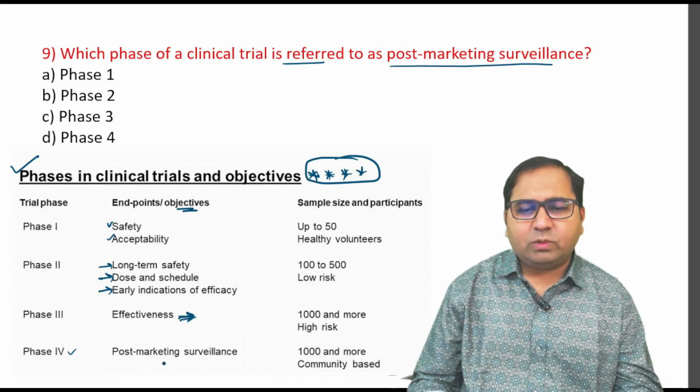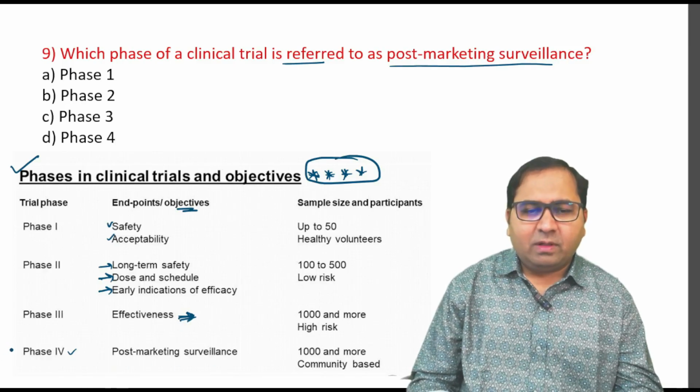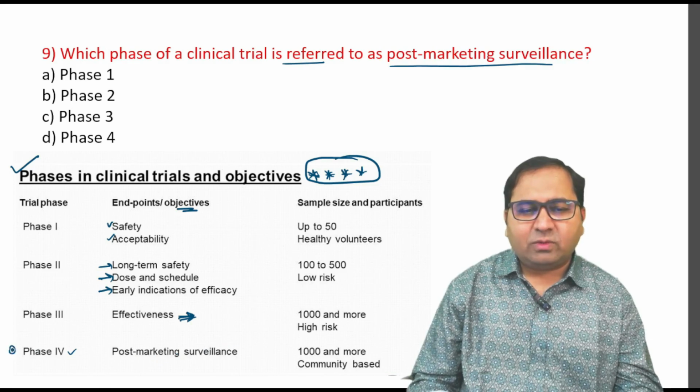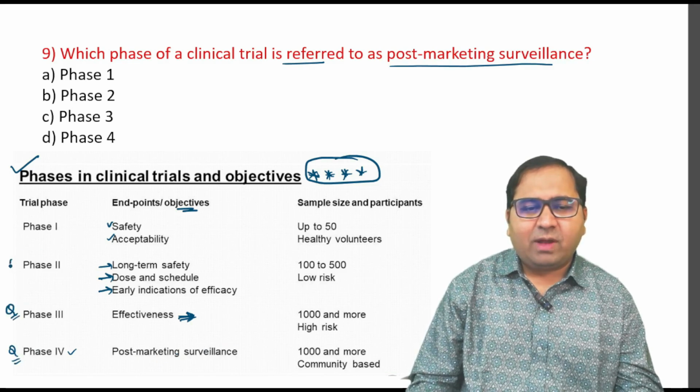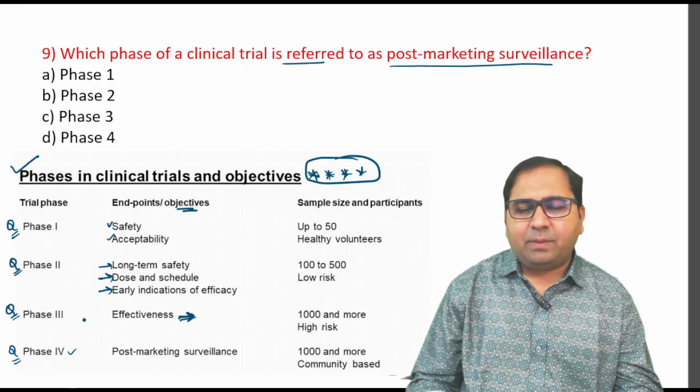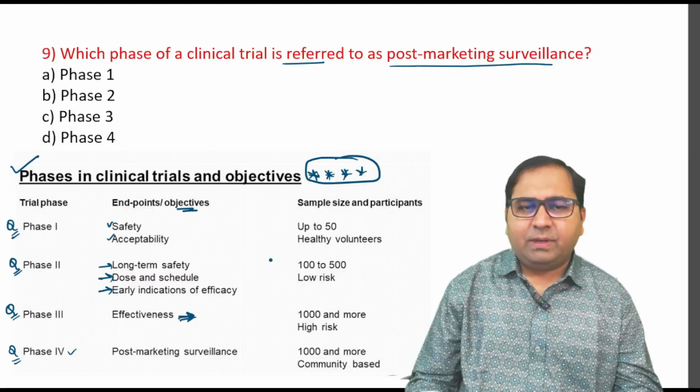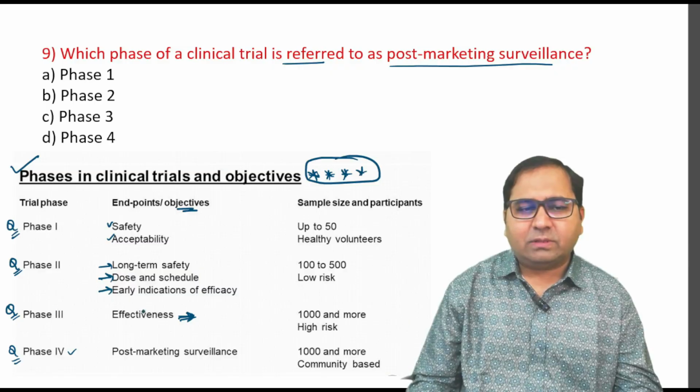And phase 4 is post-marketing surveillance. This post-marketing surveillance is a question over here. Previously, they have asked regarding phase 3 effectiveness, phase 2, and phase 1. So any of the phases can be asked as a question. Please remember, this table is very, very important. You have to learn this table by heart at any cost.